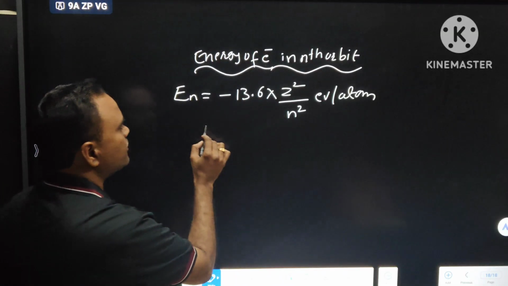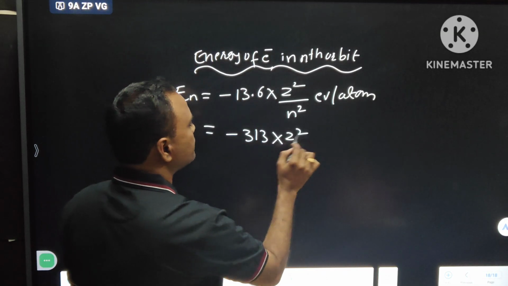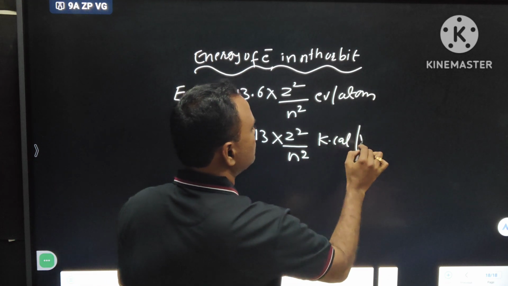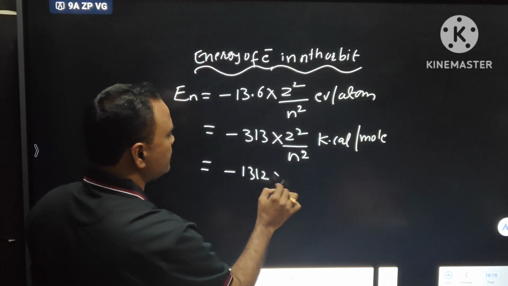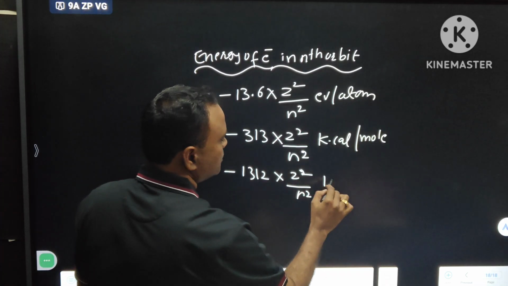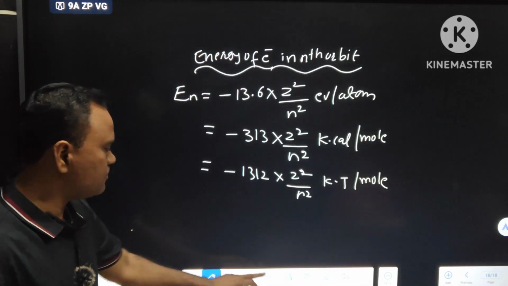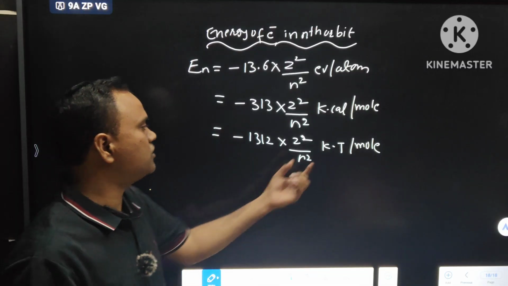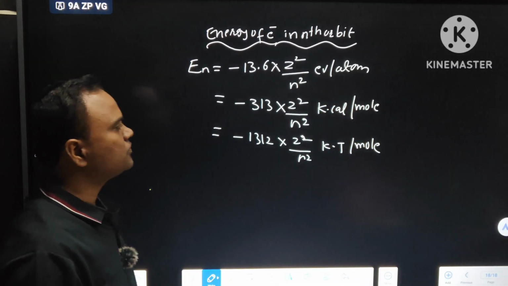All the values are very, very important. Minus 313 into Z square by n square kilocalorie per mole, or minus 1312 into Z square by n square kilojoule per mole. You should learn every value. Sometimes you will get a question to calculate the energy of the electron in kilojoules, in kilocalorie, in eV. Clear?